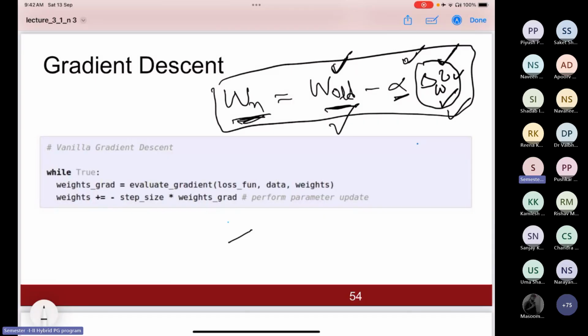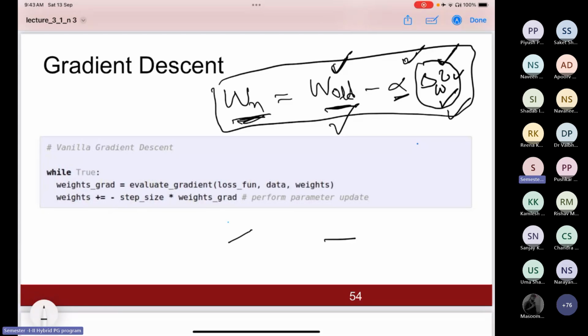But the thing is, if you are providing one sample at a time, and changing the W, another sample changing the W, another sample changing the W, what will happen? The first thing is it will be very, very slow, because you are processing n number of times, even for one iteration.